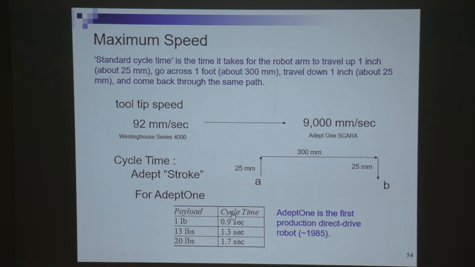If you carry a heavier load, you will not be able to do it as fast. So for 20 pounds, you can have a cycle time of 1.7 seconds. Back then this was a big deal in 1985, and it was considered very fast. But today, robots can do it a lot more, 10 times faster.